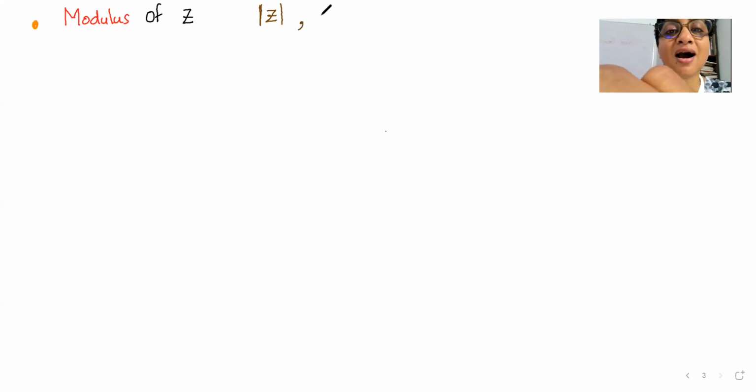Or this R that I indicated on the diagram is a standard notation for modulus. You can just say R, or you can read this R as modulus of Z. Or sometimes we also use mod of Z. All these mean the same thing. Three different notations for the same idea. Modulus of Z.